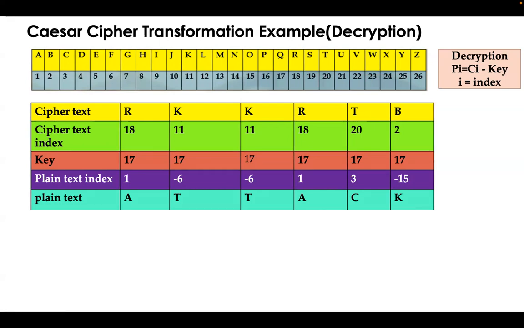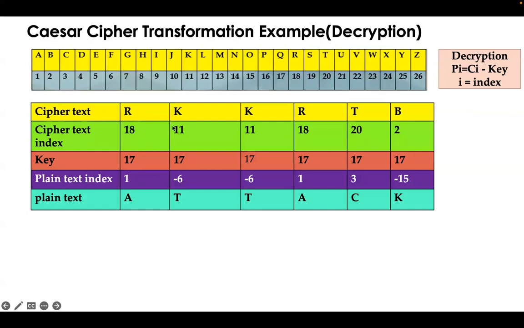And after that, we follow this formula: our plaintext index will be ciphertext index minus key. So our ciphertext index was 18 and our key was 17, and the result is 1. So our plaintext index is 1.